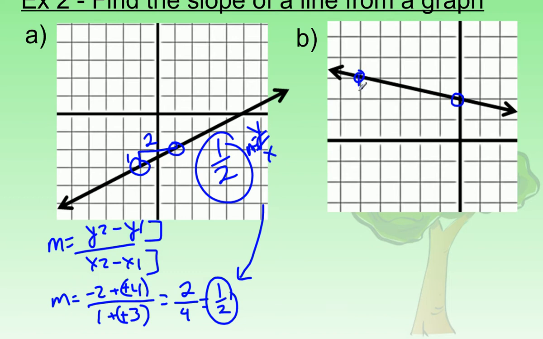So I'm going to go down 1, over 1, 2, 3, 4, 5. The slope is going to be a negative 1/5. It's negative because I'm going down 1 over 5.